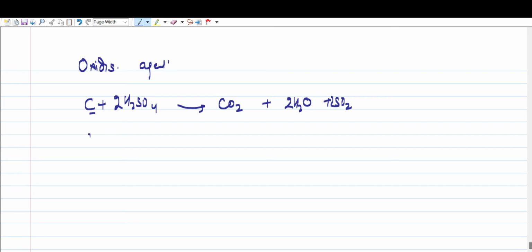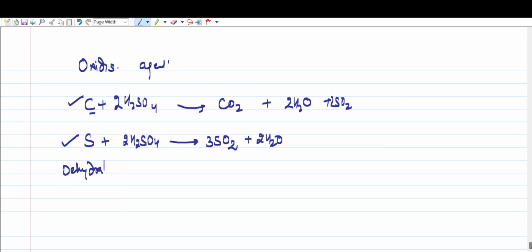Likewise if we take sulfur and we treat this with 2 sulfuric acid, we will get sulfur dioxide, 3 molecules and 2 molecules of water. Is this clear? So these two reactions, carbon and sulfur with sulfuric acid, prove that sulfuric acid is an oxidizing agent.